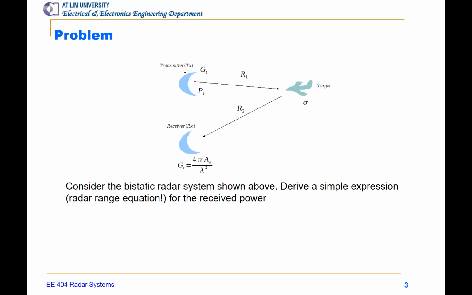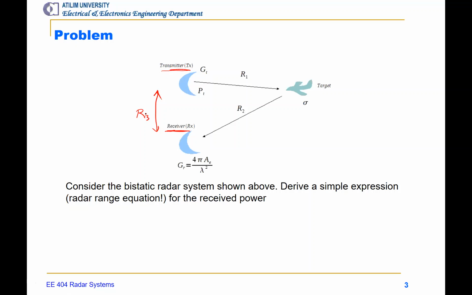As you see here, the transmitter and receiver are physically located far from each other. There is a distance here, let's say R3.